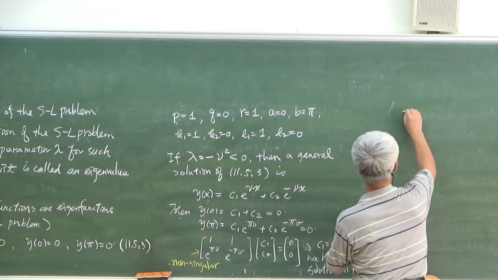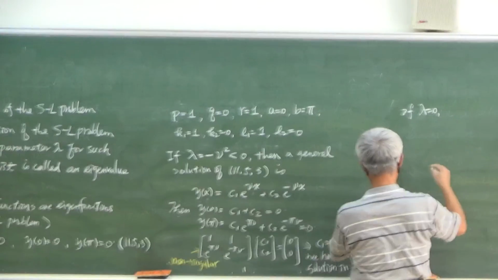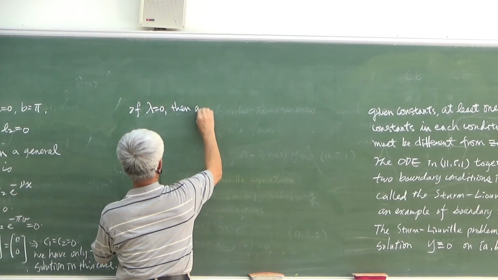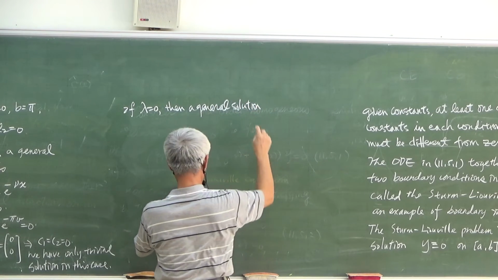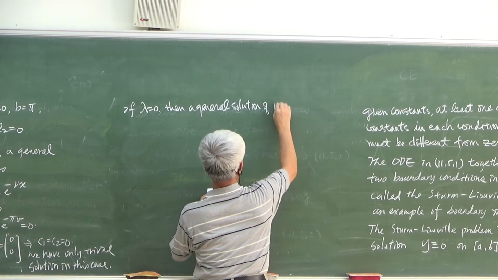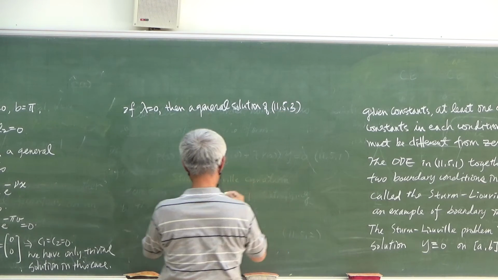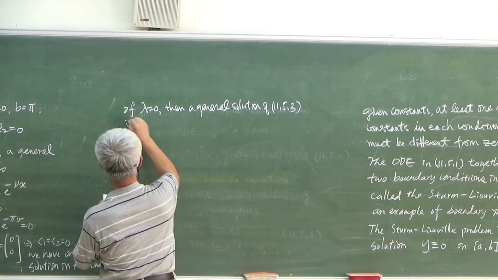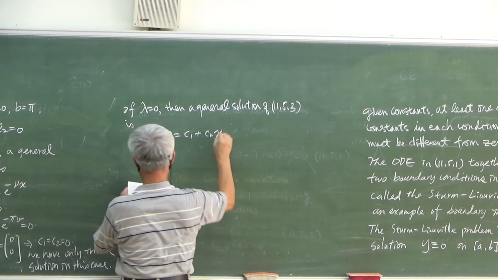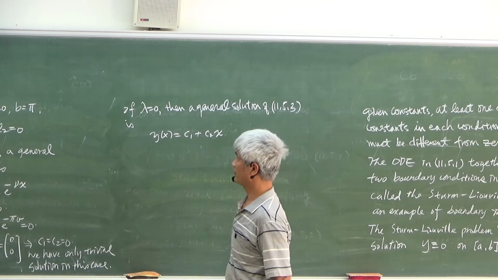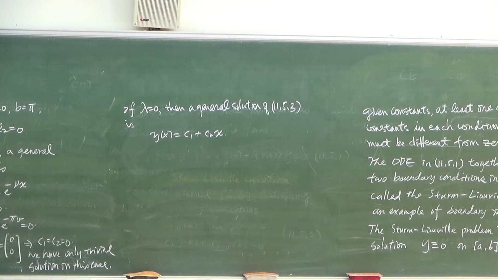The second case is if lambda equals 0, then the general solution of this problem is c1 plus c2 x. If lambda is 0, then we have the second derivative of y equal to 0, so y should be a linear polynomial.